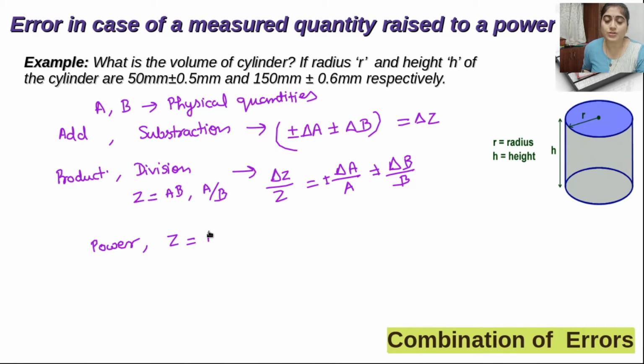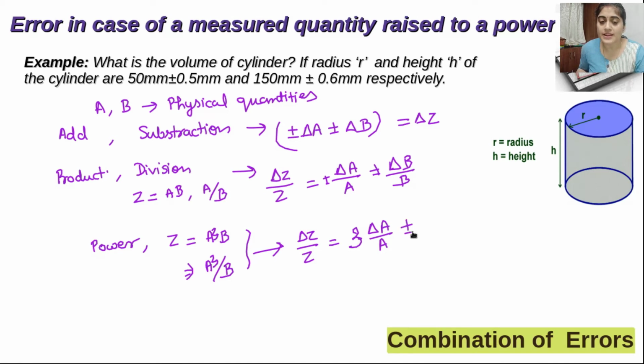But if Z equals a square b or a square divided by b, then delta z by z equals 2 times delta a by a plus minus delta b by b. If it is a cube, it will be 3 times delta a by a plus minus delta b by b, because the physical quantities are only 2.